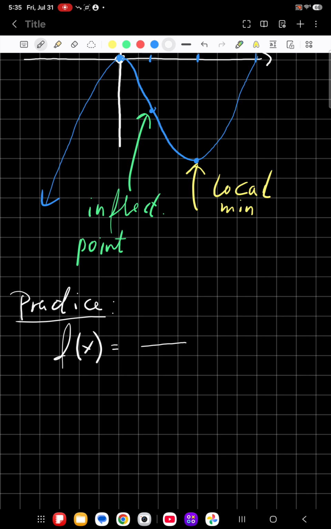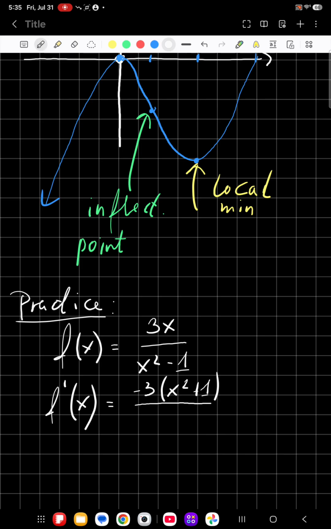It's 3x on the top, and then x squared minus 1 at the bottom. And let me just give you the derivatives. I'm not going to give you the graph, the solution. You can look it up somewhere, Desmos. So the first derivative, you can look up everything, right? x squared plus 1, and then x squared minus 1 squared.